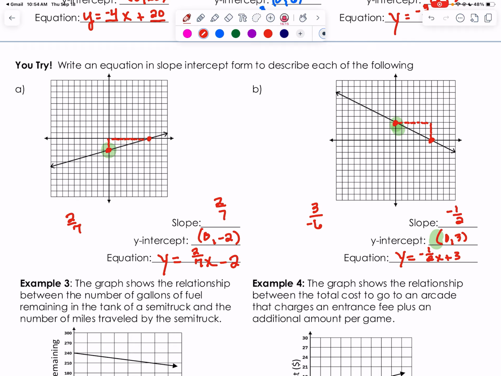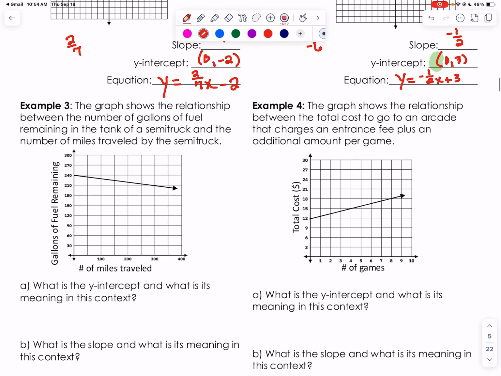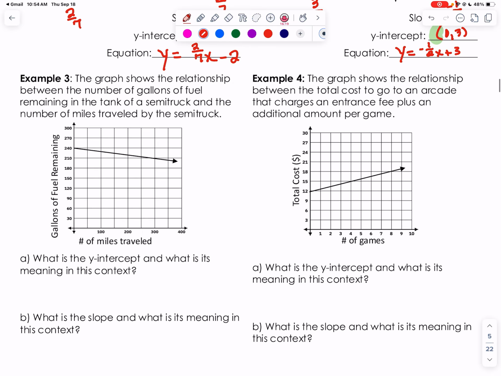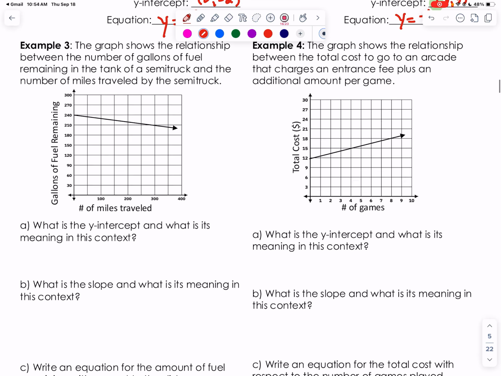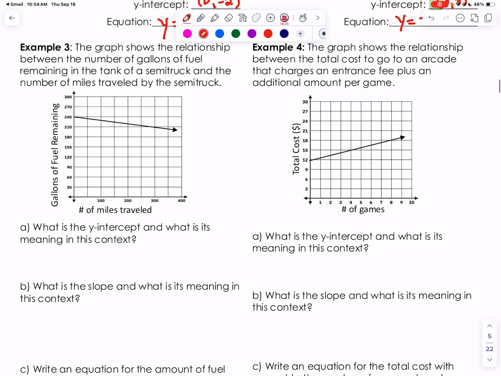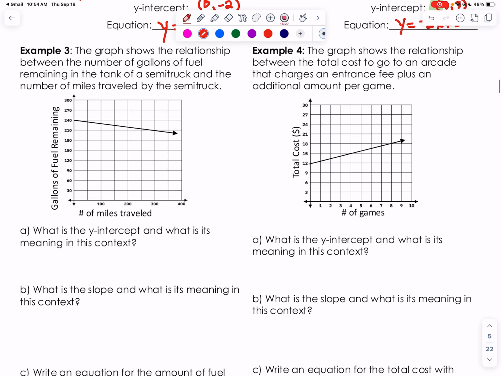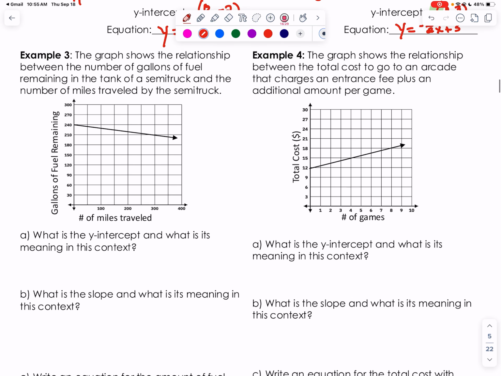Now, let's look at a couple real-world examples here. Example 3. The graph shows the relationship between the number of gallons of fuel remaining in the tank of a semi-truck and the number of miles traveled by the semi-truck. So let's look a little bit about this graph. On the x-axis, we're plotting the number of miles traveled, and we want to identify what the graph is scaled by.